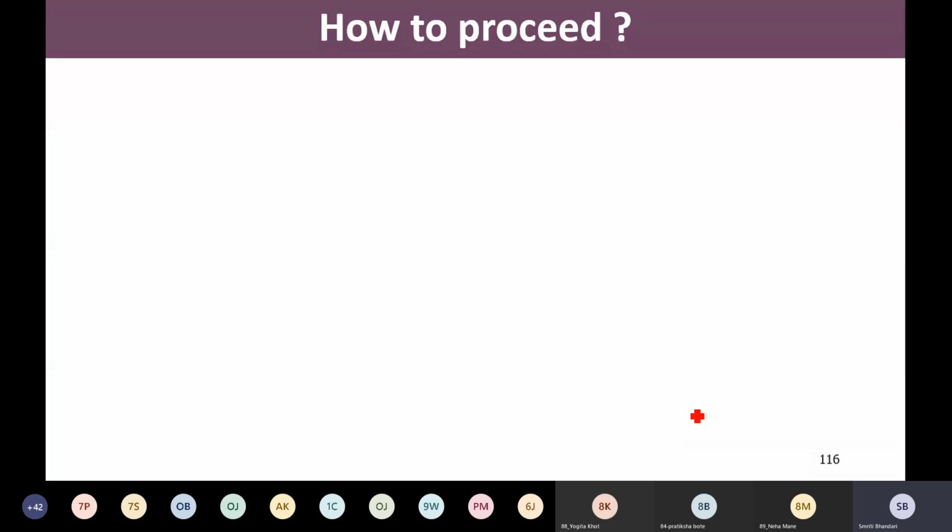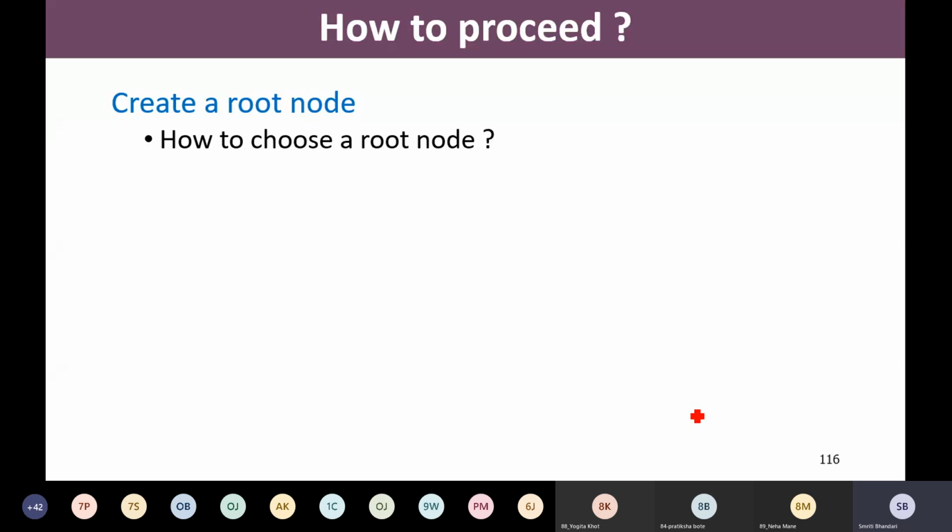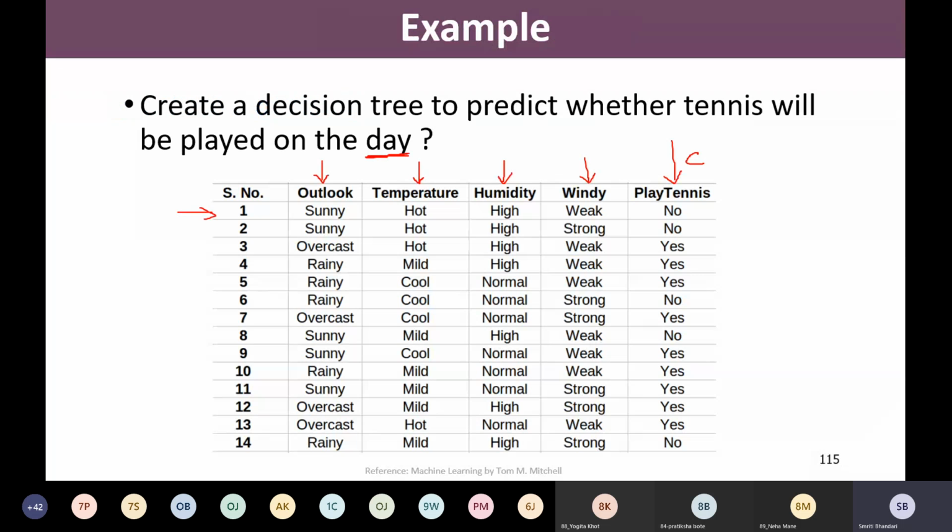Obviously, first of all, we need to create a root node of the tree. We have 4 attributes in our example: outlook, temperature, humidity, and windy. So we need to decide which attribute would be my root node.